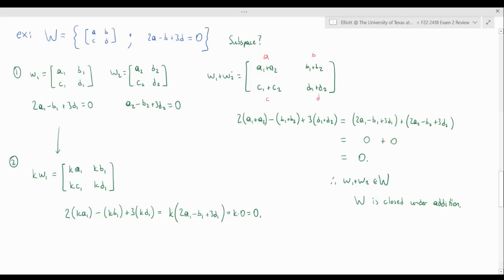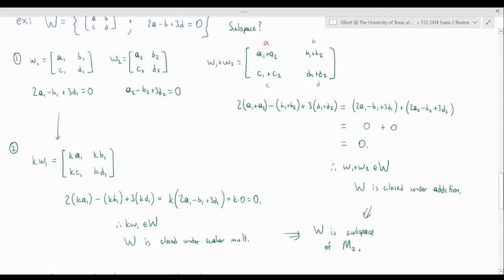So therefore, it's inside the set W, which means that W is also closed under scalar multiplication. So then once you prove that it's closed under addition and scalar multiplication, you can conclude that you have a subspace. In this case, it would be a subspace of the space of 2 by 2 matrices, which I denote as M with a subscript of 2, okay? And I think your professors do that as well.